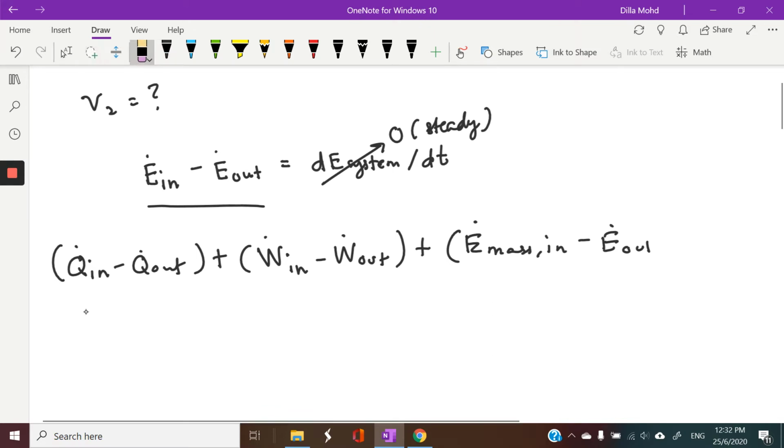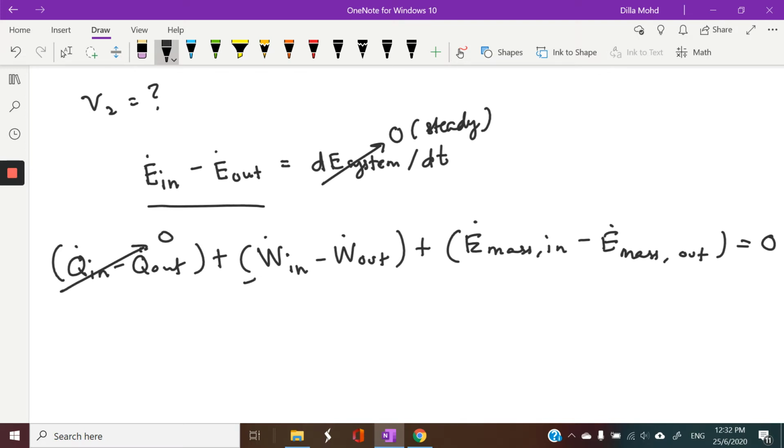This is the standard expansion. Now, since we consider a throttling valve as an adiabatic system, the heat term goes to 0, and there is no work interaction, so the work term also goes to 0. What's left from the equation is just the rate of energy transfer that involves the mass coming in and out of your system. So let's expand this part.